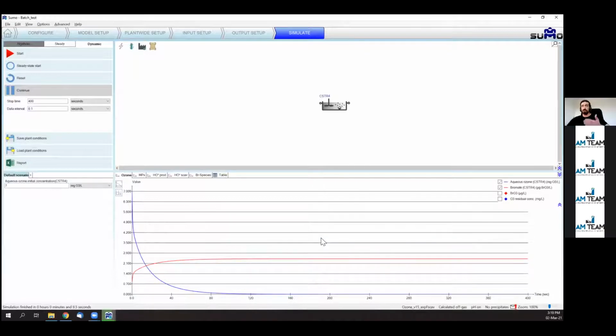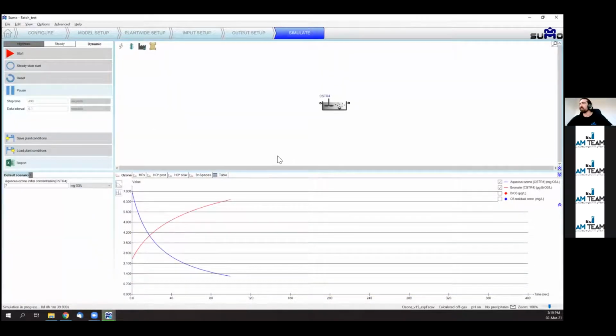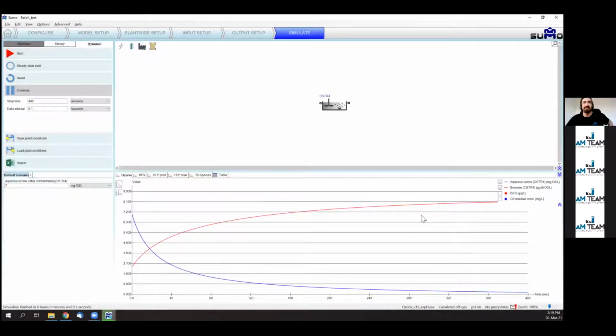Then if we, on top of this, reach a total dose of 21 with the third dose of 7 milligrams per liter, then we can see the bromate increasing, and the winner is those who, if I remember well, almost the majority, voted for 8 micrograms per liter.